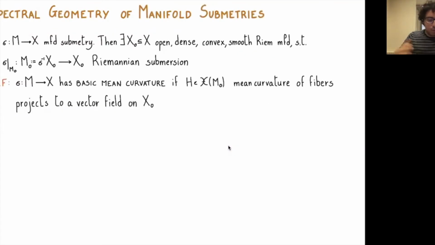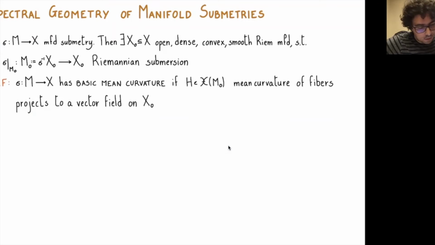So what I wanted to quickly discuss is the fact that we can do some spectral geometry on manifold symmetries in general, not just spherical manifold symmetries. Let me give a couple of definitions.